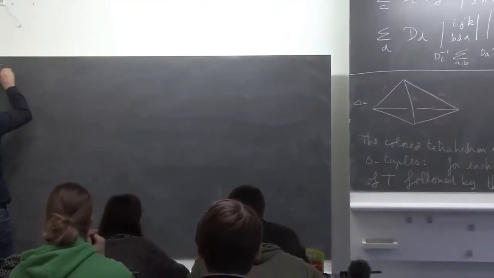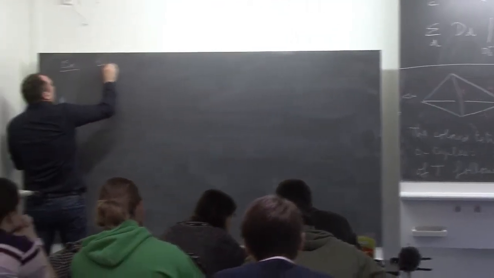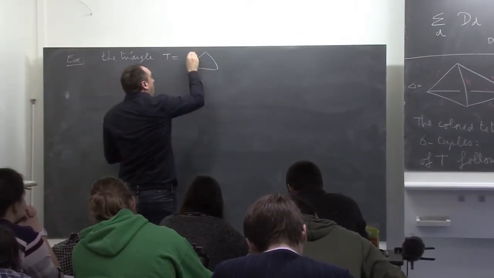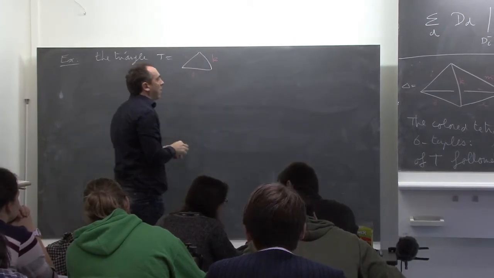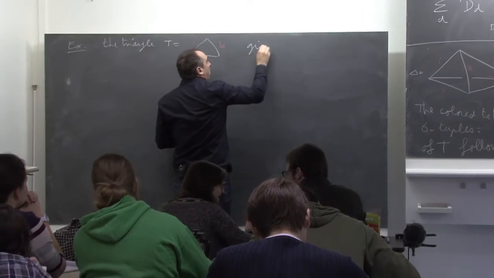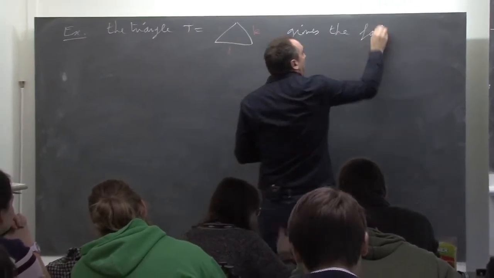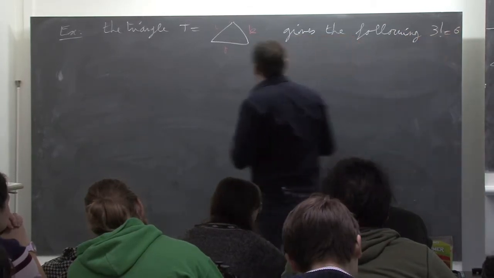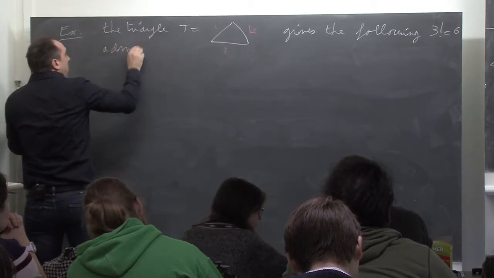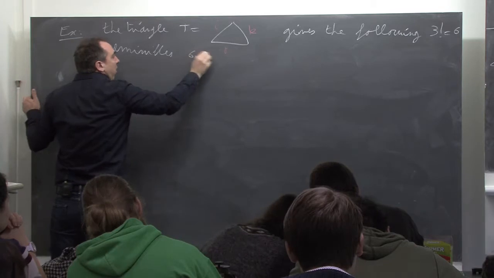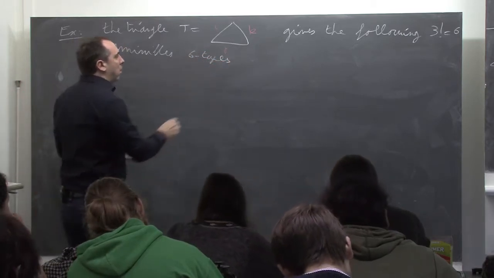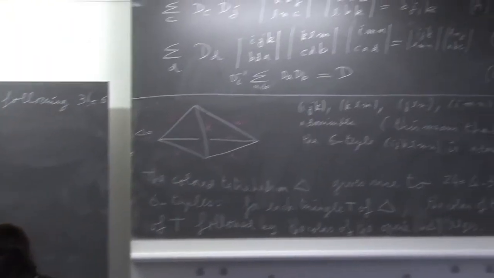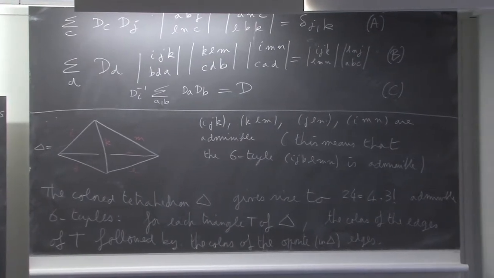For example, let's say the triangle IGK gives the following admissible six-tuple. So you take the color of the triangles. For example, I can take IGK.